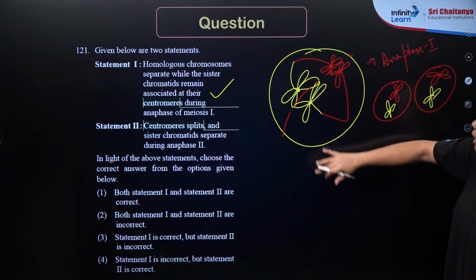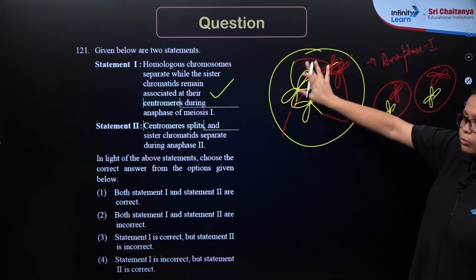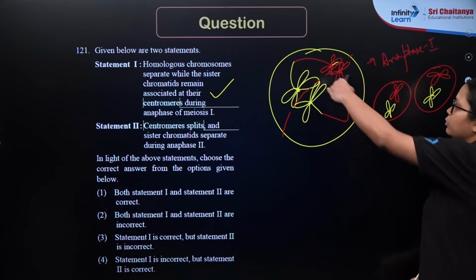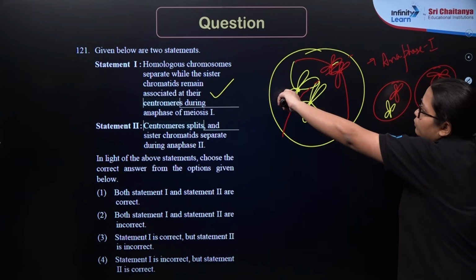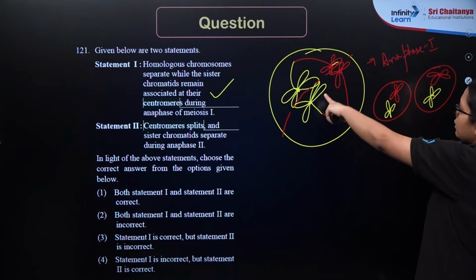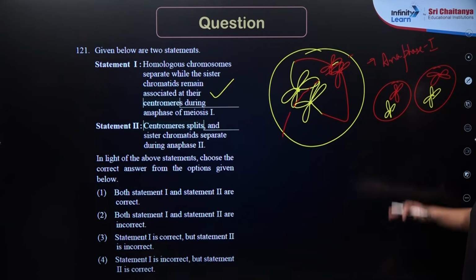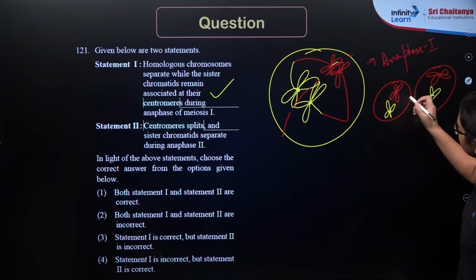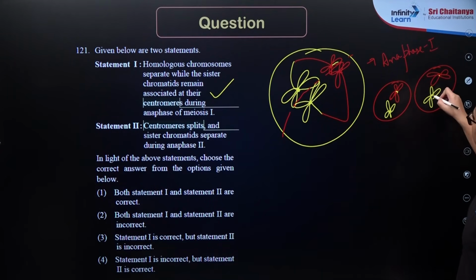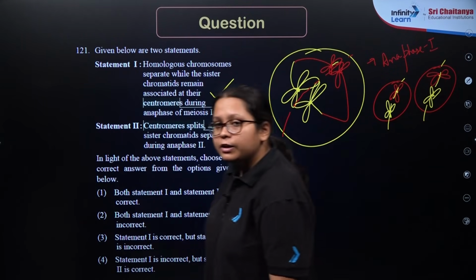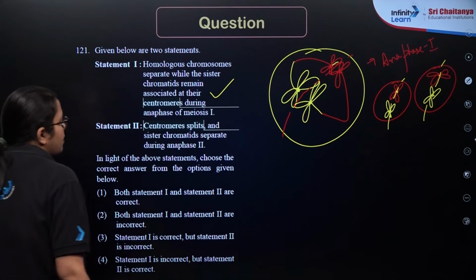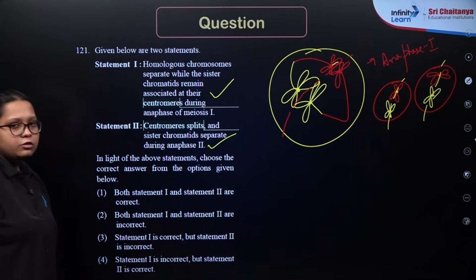The chromosome number is halved. One part of the homologous chromosomes goes to one cell, this part goes to another cell. Same for the other pair also, okay. Now, what will happen in meiosis 2 or anaphase 2? Centromere splitting. This centromere will split, okay. So centromere splitting and sister chromatid separation happens during anaphase 2, okay.